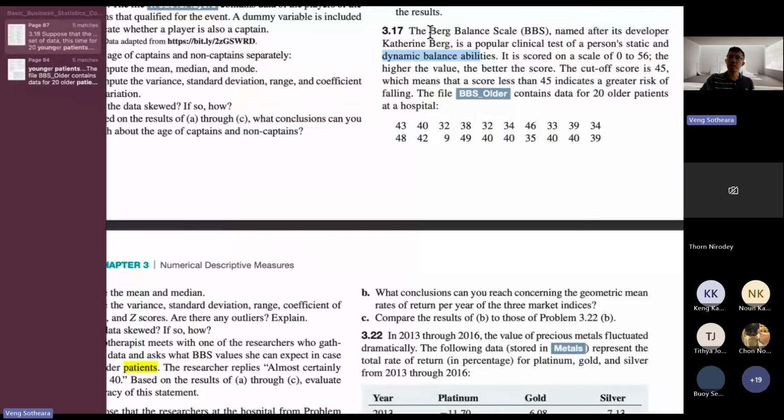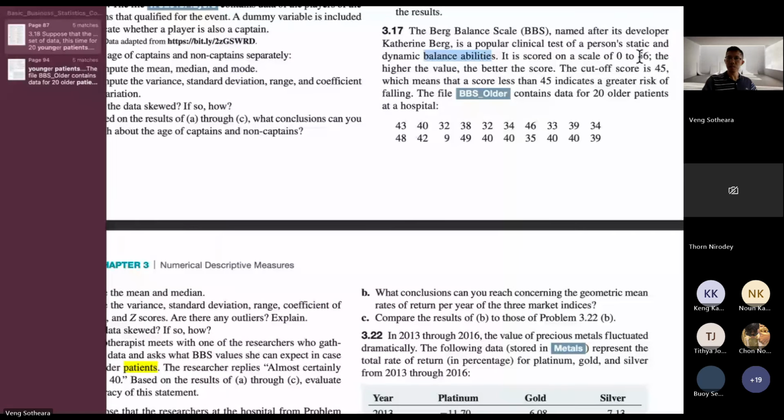The Berg Balance Scale, or BBS, is just a measure of balance ability of a person. I don't know, maybe you go around in a circle and see how much you can control your balance. Okay? So the score has a scale from 0 to 56.